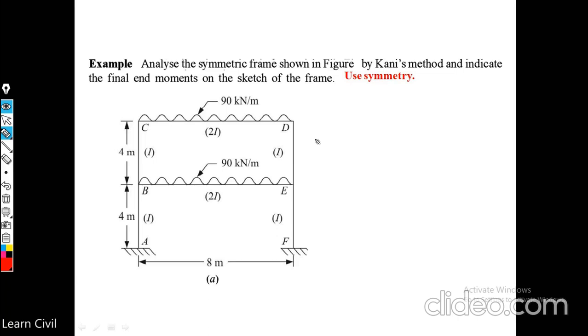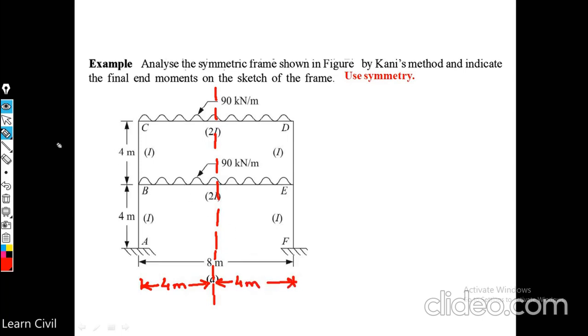Now you can see here, as the loading is symmetric, the beam properties and column properties are symmetric about an axis which is passing through the center line of beams CD and BE. At the same time, both the supports, that is support at A and E, are same.